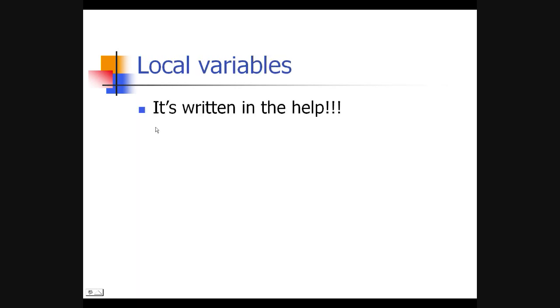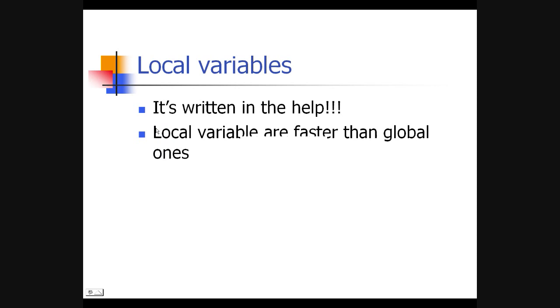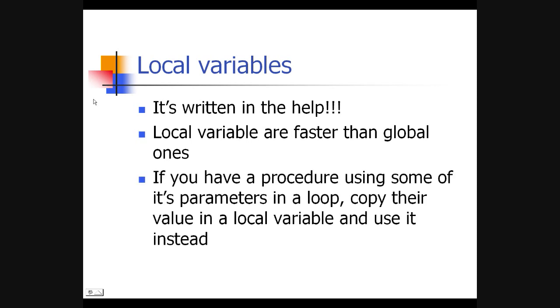It is written in the help: local variables are faster than global ones. So the help tells you if you want to go faster, copy your global values in local variables and then use them in your loops. So if you have a procedure using some of its parameters in a loop, these parameters at that point are coming from somewhere else.